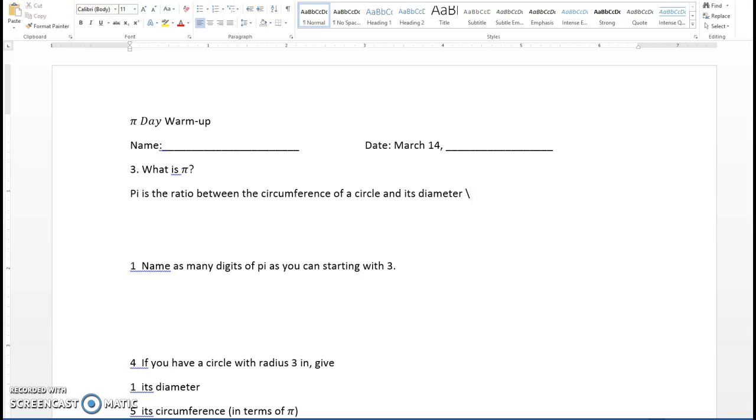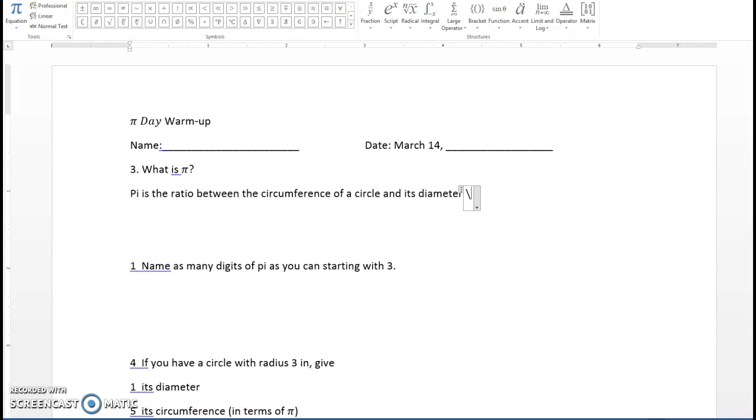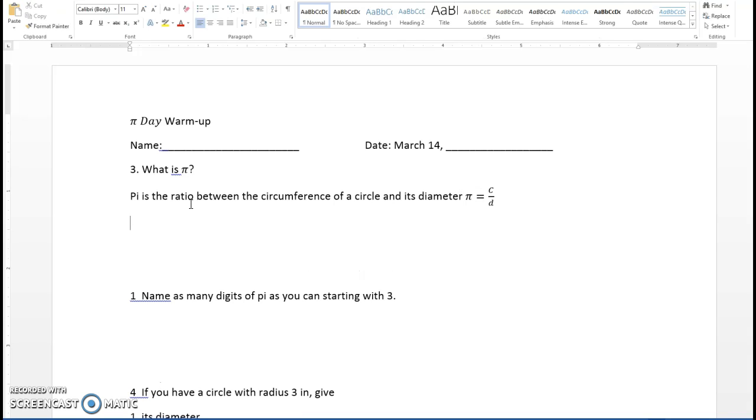That is, in mathematical notation, the pi symbol, which is the Greek letter for p, equals circumference divided by the diameter. It's a ratio. So there you go. That's a good little definition. Now, there's other ways to define it and understand it, but I like that one because it's practical.